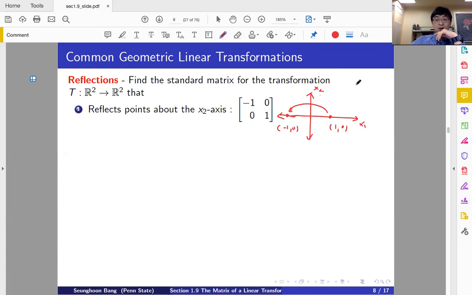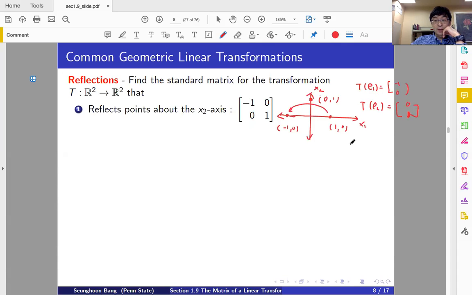So what does it mean? T(E1) equals -1, 0. So we have it. What's E2? Here, E2 is 0, 1. You have to reflect this one about x2, it doesn't change. So we have T(E2), the same, 0, 1.